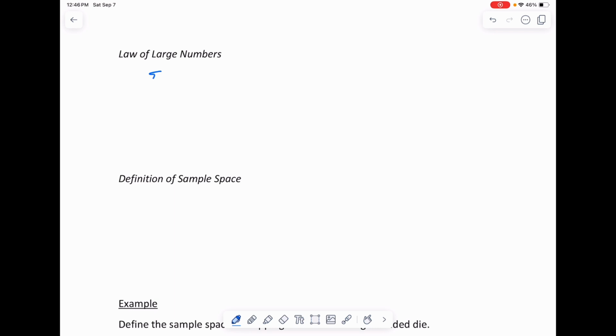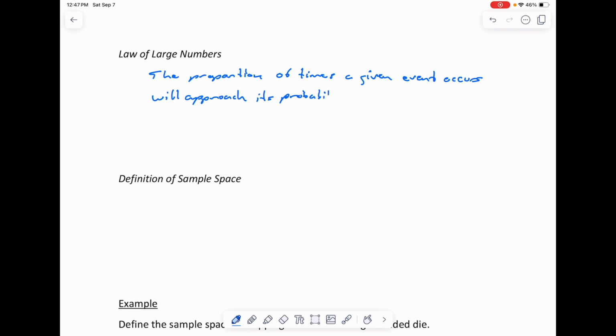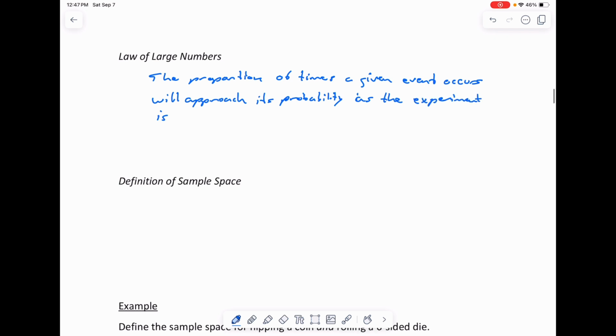The law of large numbers just says that the proportion of times a given event occurs will approach its probability as the experiment is repeated over and over again.